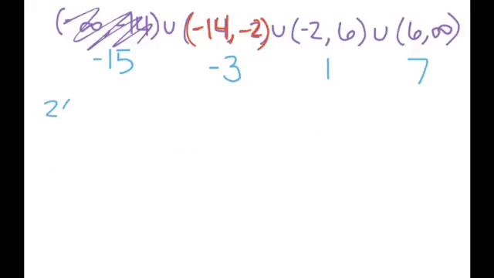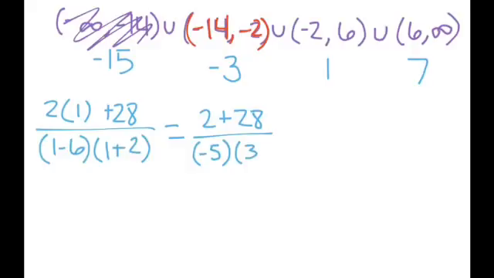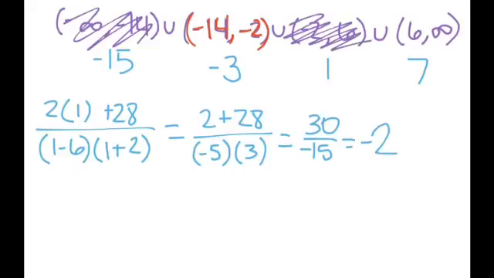The next value would be 1. So we would get 2 plus 28 over negative 5 times 3, which is 30 over negative 15, which simplifies to negative 2, but that's still a negative number, so this interval would not work.